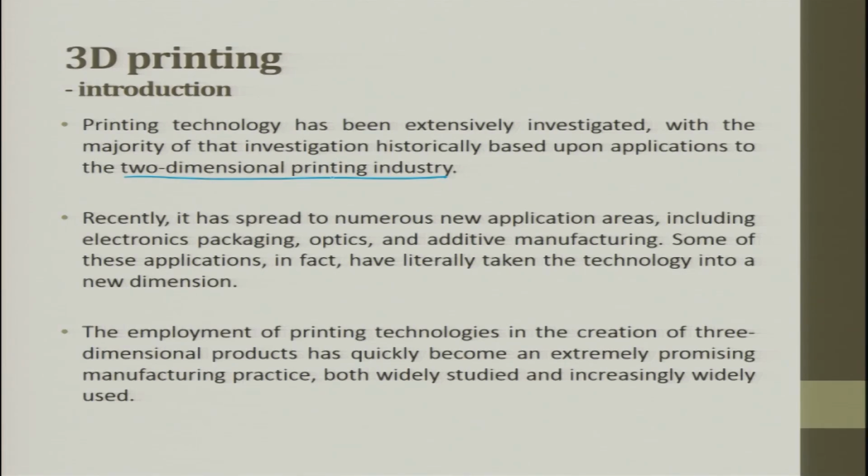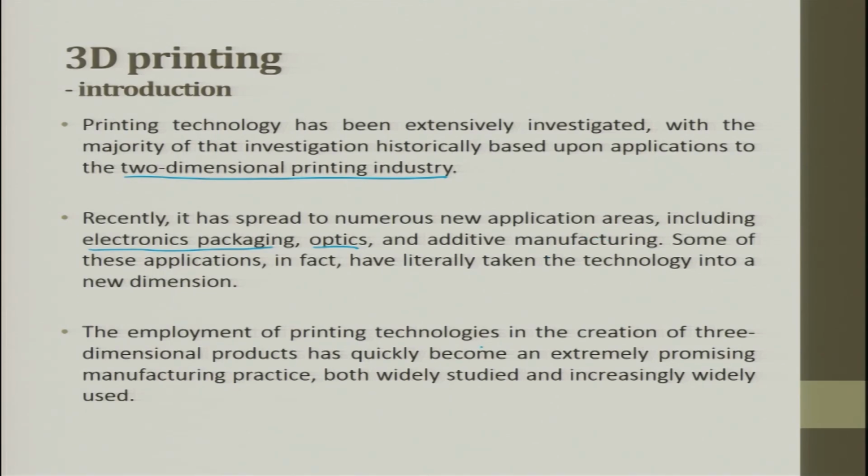Today we have started printing electronic circuits on shirts, and printing images which can change color. Printing technology has got so advanced. Some of these applications have literally taken the technology into a new dimension. That is true. Today we have flexible electronics, wherein printing technology is exhaustively used. We have now started printing optics. And additive manufacturing is one big area where printing technology is exhaustively used.